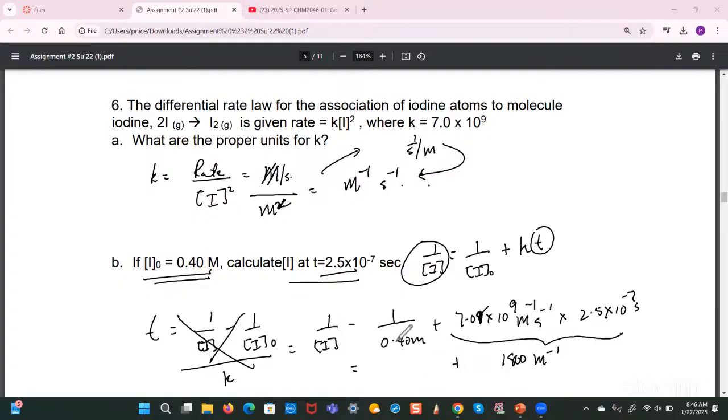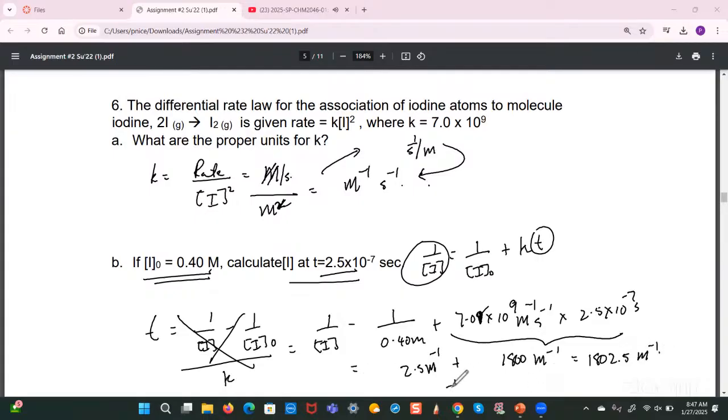And to that, I'm going to add 1 over 0.4. So 0.4, 1 over that is equal to 2.5 M to the minus 1, right? So what does that give? 2.5 plus 1800. I got 1802.5 M to the minus 1.